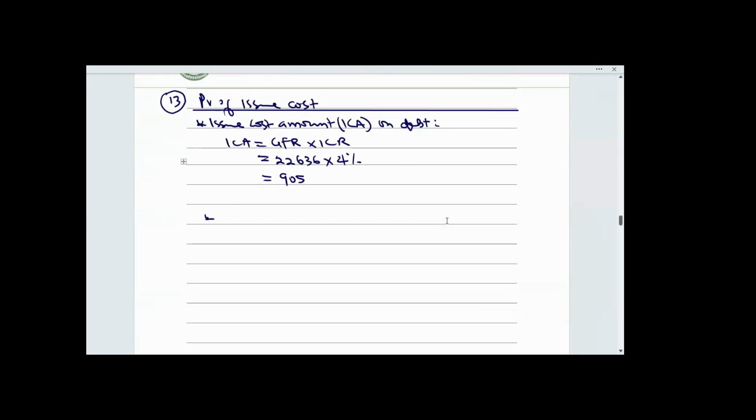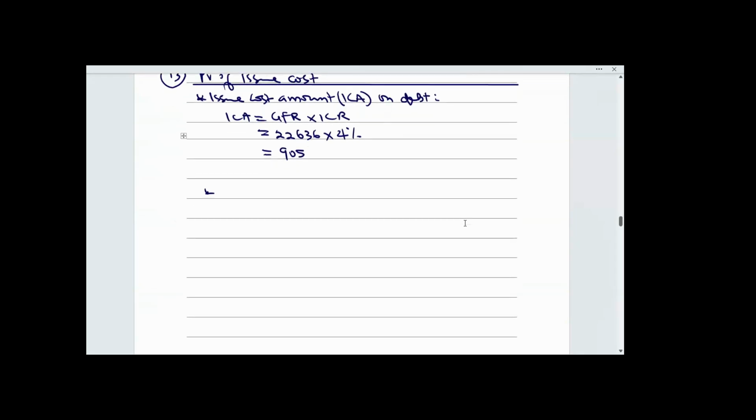So the second step when you are calculating the PV of issue cost is to determine the PV of issue cost now. PV of issue cost amount in year 0. How do you do this?